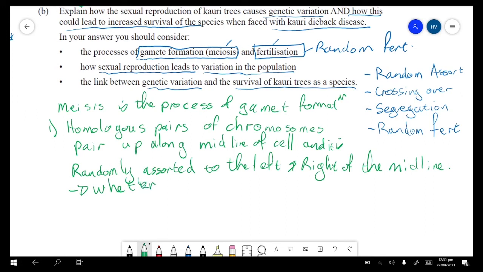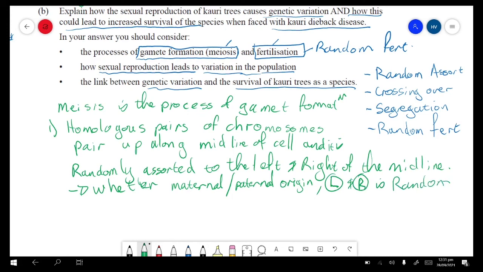So whether maternal or paternal origin, left and right is random. And this, when they segregate, creates lots of variation. Because now you have a combination of mom chromosome, dad chromosome, mom chromosome, dad chromosome, and so on. So in segregation, this gives lots of variation.